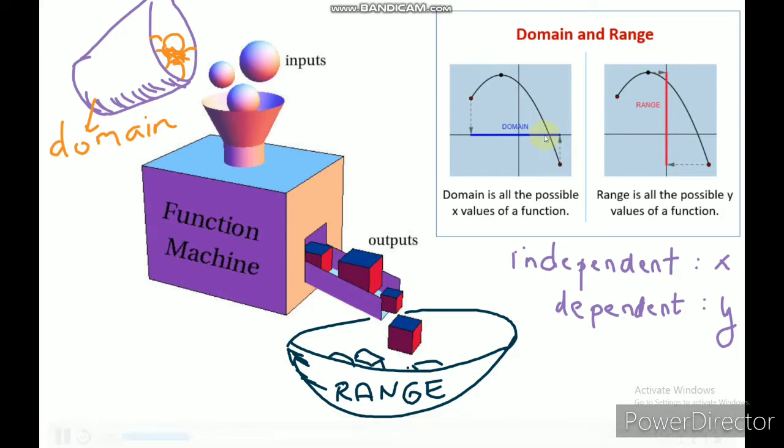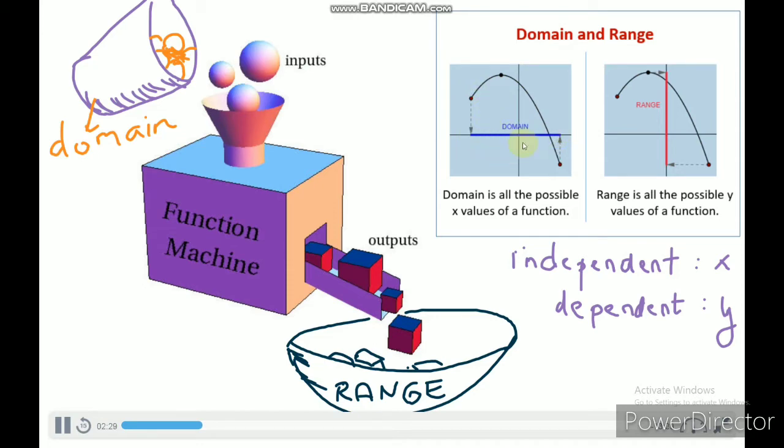Then all X between that border is included in the domain. So this blue line shows all possible values of your X that are presented on the graph as your solutions.